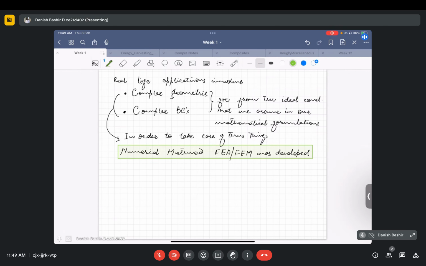So, if anybody asks you what the finite element method is, you will reply with a conventional definition: the finite element method is one of the numerical methods for obtaining approximate solutions of ordinary and partial differential equations. Why is it useful? Because it is powerful when dealing with boundary conditions defined over complex geometry, which are common in practical applications. That is the bookish definition of finite element analysis.